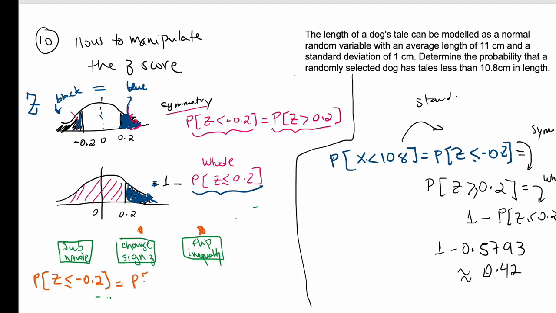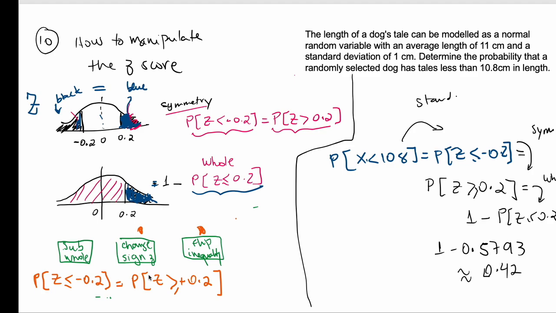First of all, change the sign of little z. What else? Flip the inequality. If this was less than, this will be greater than. And it is true from the symmetry property.